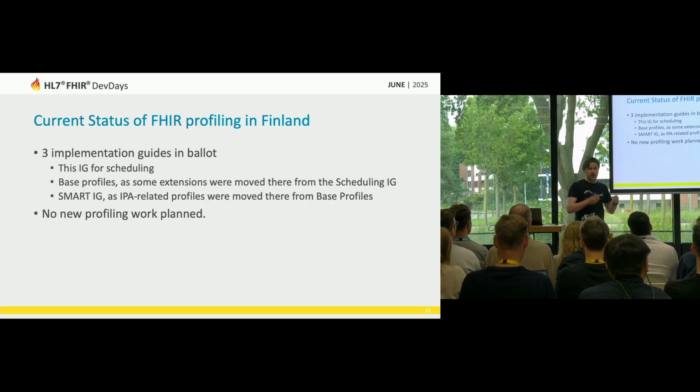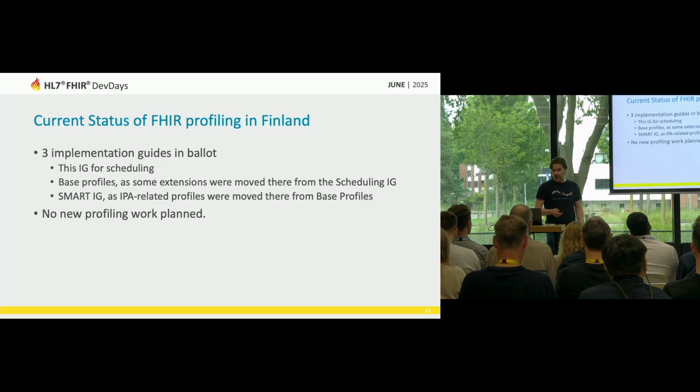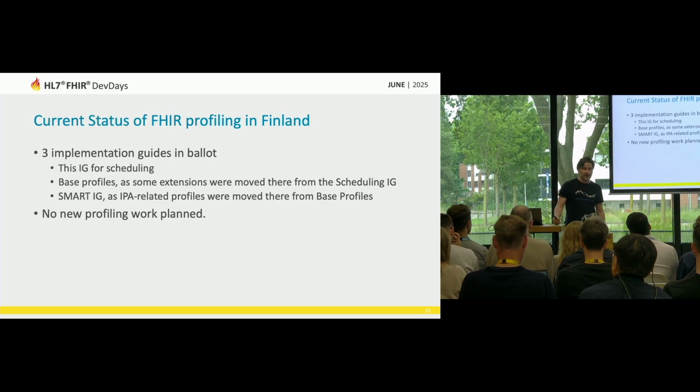So we switched those to our smart implementation guide IG that we have. So we did a bit of this restructuring. And now we have 3 IGs as a result in ballot phase right now. And the ballot is open until Friday next week, I think.